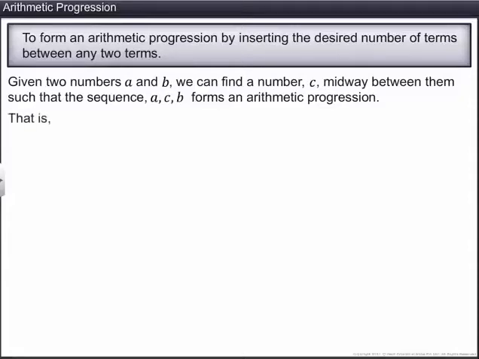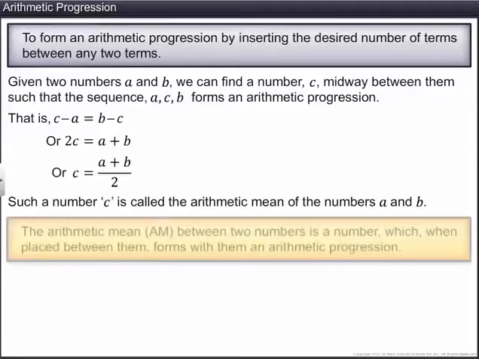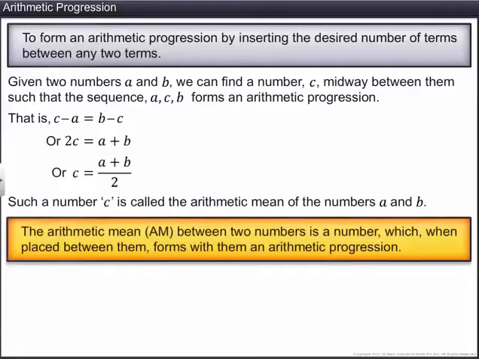That is, we can find a number c such that c minus a is equal to b minus c, or c is equal to a plus b upon 2. Such a number, c, is called the arithmetic mean of the numbers a and b. Mathematically, the arithmetic mean between two numbers is a number that, when placed between them, forms with them an arithmetic progression. It is denoted by capital AM.